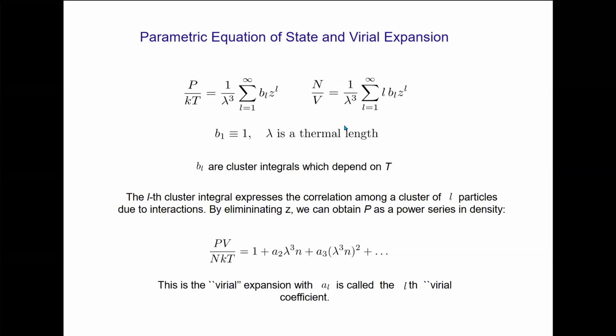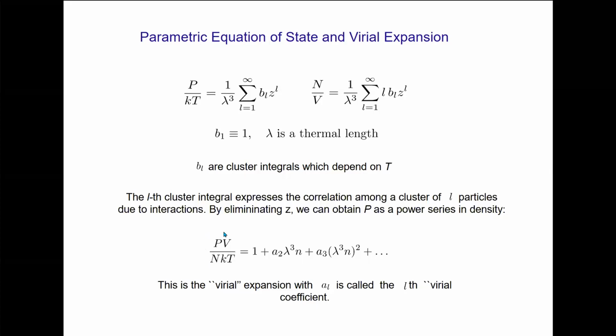And then we substitute it in here, expand in series, and we can derive the pressure PV over NkT as a series in density, okay, for a small density. So this is the virial expansion.